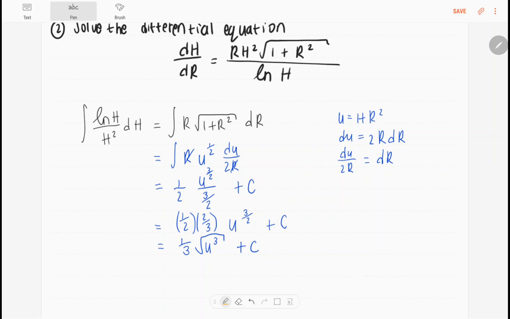So what I'm going to do is, for my second integral, I'm going to do integration by parts, and I'm going to set u equal to something, and set v equal to something.